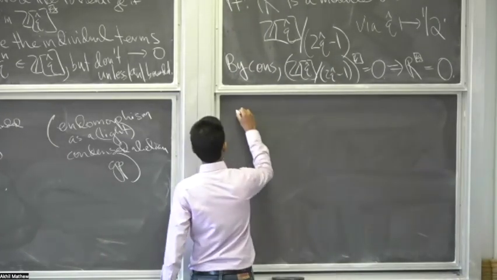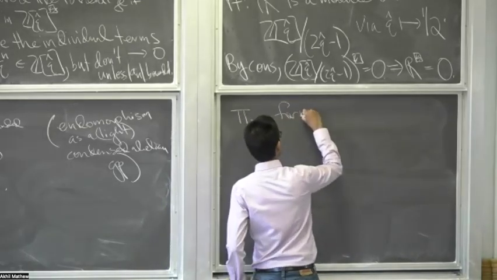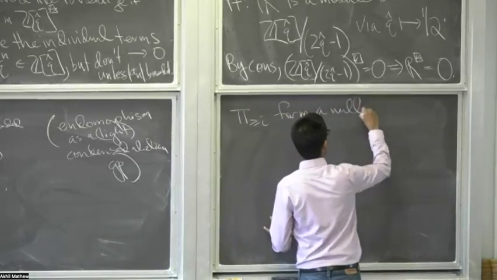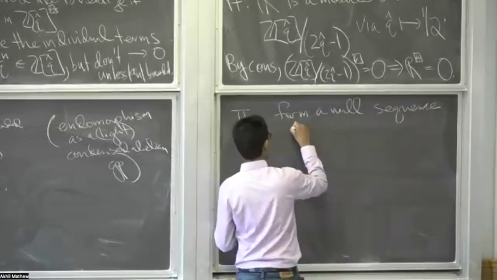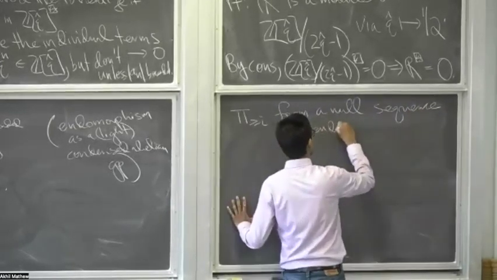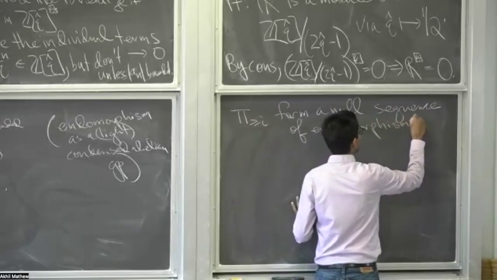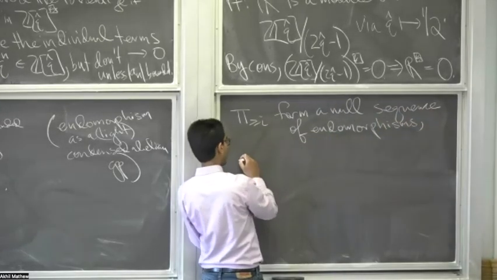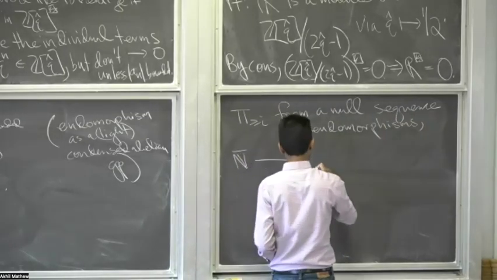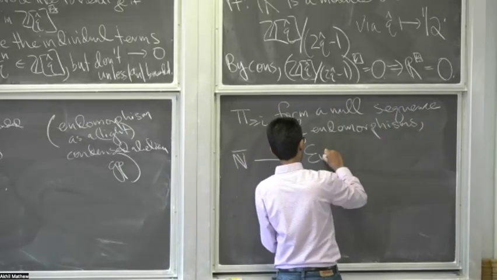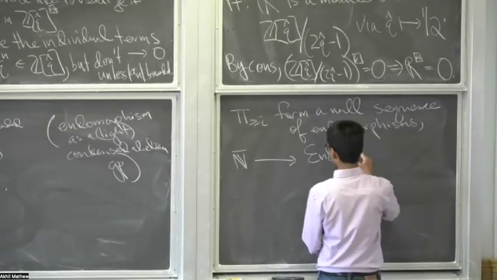Okay, so the π_{≥i} form a null sequence of endomorphisms. I guess they give a map from N-bar to endomorphisms of Z[[q]]_bounded.